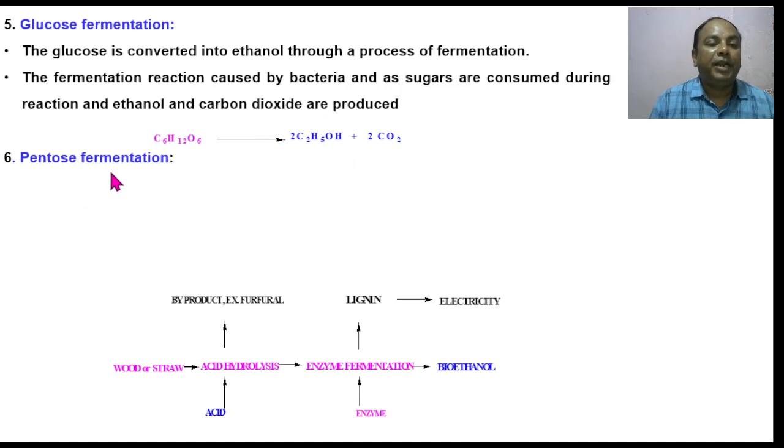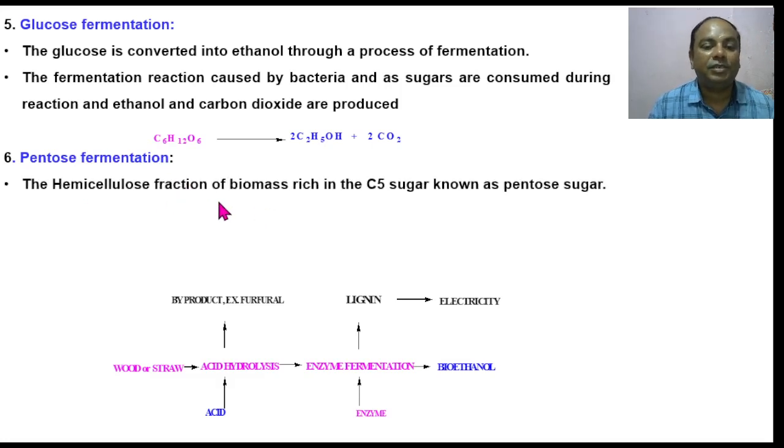Now, pentose fermentation. Pentose is obtained after the hydrolysis of hemicellulose. It also gets fermented and converted into ethanol. But the fermentation process of pentose requires a specific enzyme.